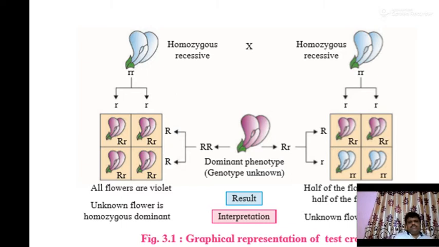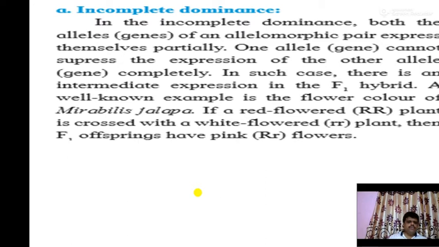Now just see the example, that is incomplete dominance. So the first post-Mendelian concept is incomplete dominance.